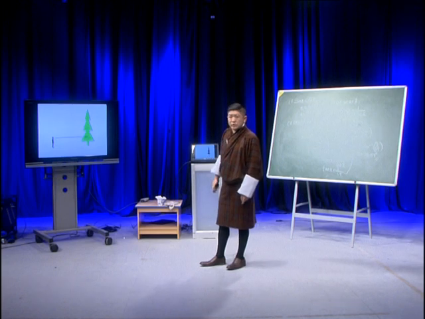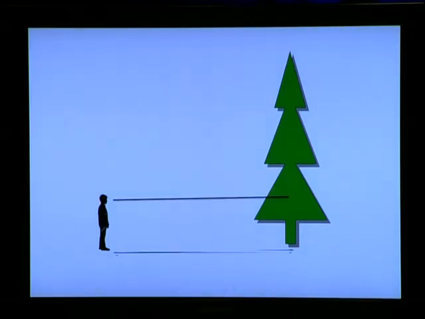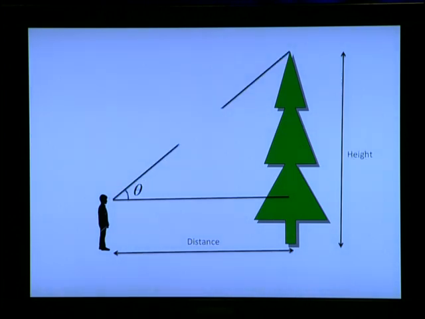First, the distance between the tree and the person should be known, and then we can find out the height. As I said, you should know two things: the distance between the tree and the person, and the angle at which he is looking at the top of the tree.